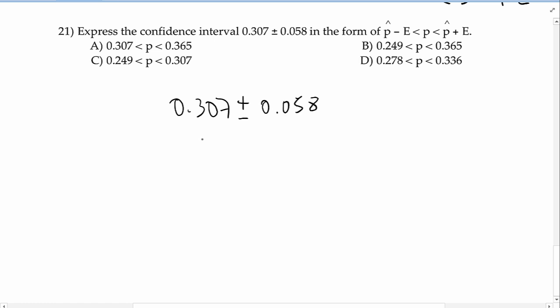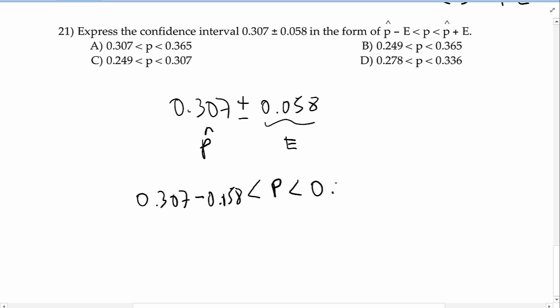Well, this right here is the proportion in the sample, and this is the margin of error, to be able to estimate the proportion of the population at some level of confidence, which we're going to do later. So the proportion of the population is estimated to be the proportion in the sample minus the margin of error, 0.058, to the proportion in the sample, 0.307, plus the margin of error, 0.058.